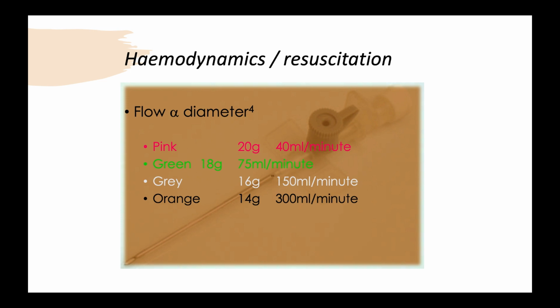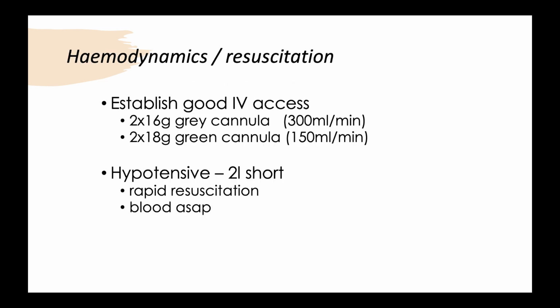So you might also want to consider orange. Like I said, you want good IV access, so at least grey. If you have problems, then you can consider green cannulas too.